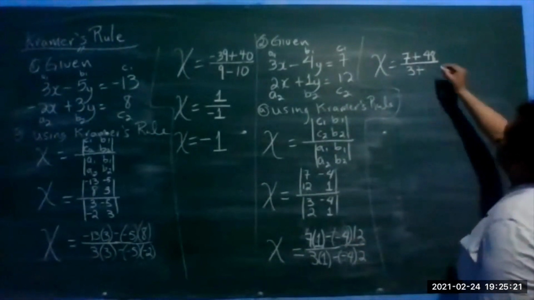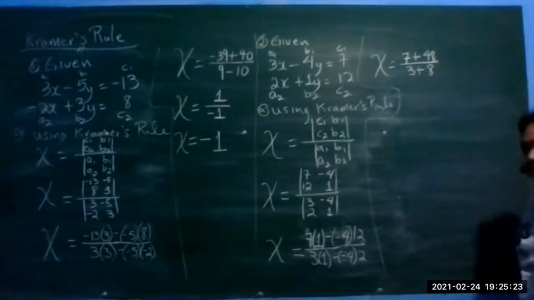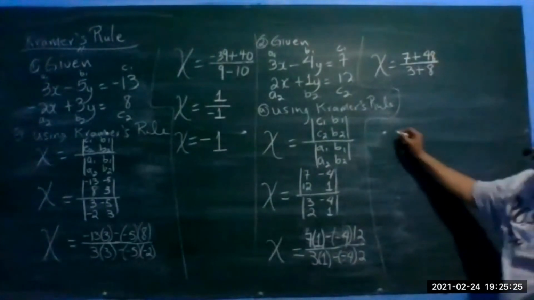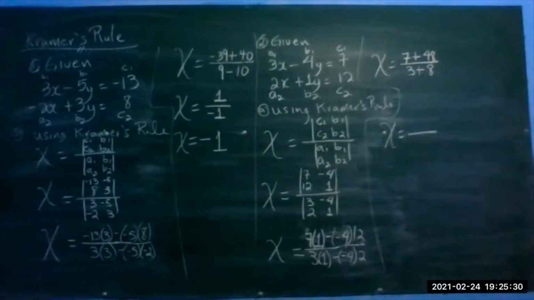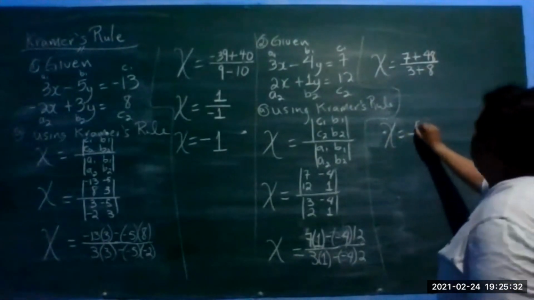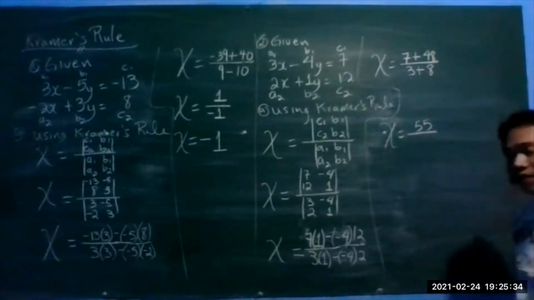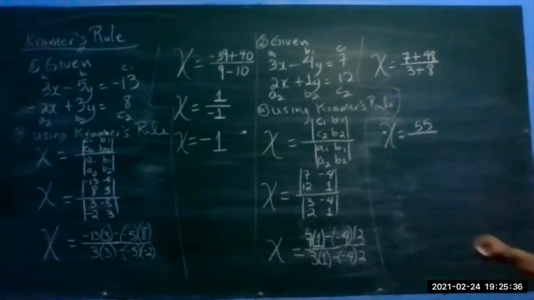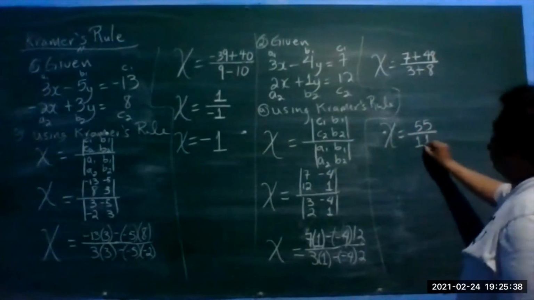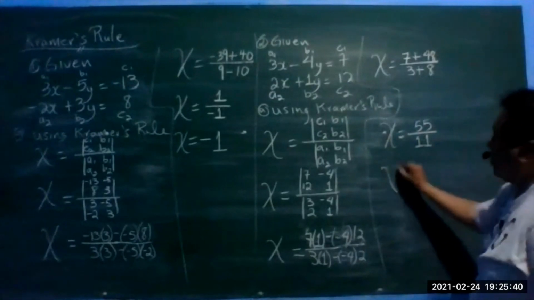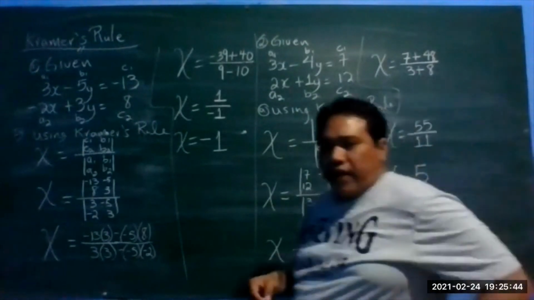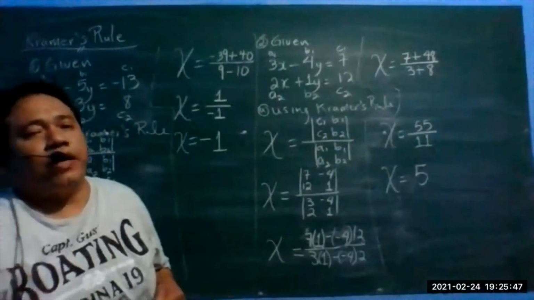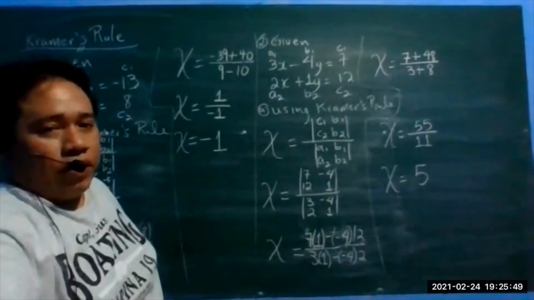And 4 times 2 is 8. So I will have that x is equal to, well, 7 plus 48 should give me 55. And 3 plus 8 should give me 11. So x here will be 5. And again, we're only reaching the value of x today. Any questions, guys?